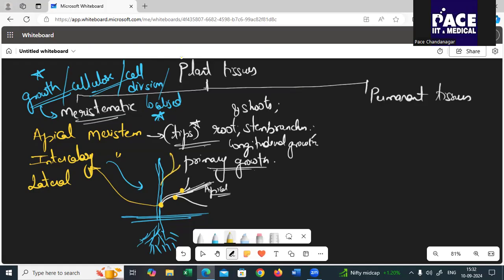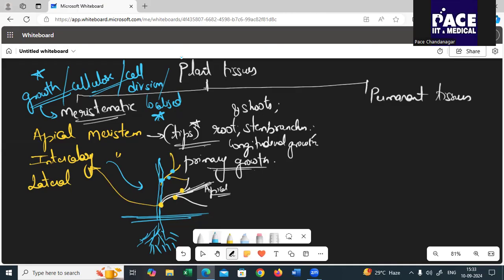Wherever I see branching out, I see the apical meristematism, and wherever your branches are coming out, the junction points, there you see the intercalary meristematism. It is also helping in the longitudinal growth, also the primary growth of the plant.